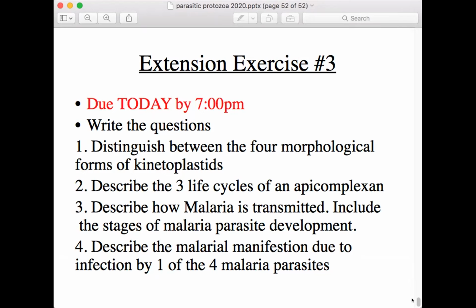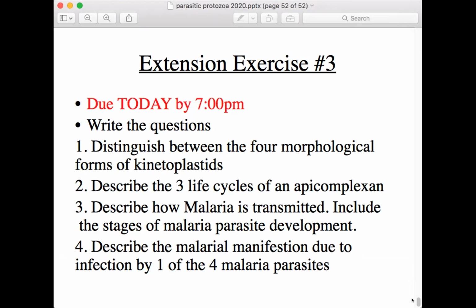So you're going to have to do some research tonight and some reading for understanding. I'm not just going to tell you today. And then lastly, I want you to describe the malarial manifestations due to the infections by one of the 4 malaria parasites. I just identified 4 malarial parasites that cause human disease. I want you to characterize the infection with one of those. Those infections can look different depending on which species you're infected with.